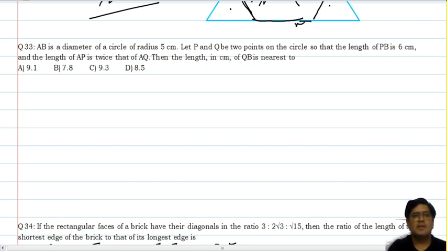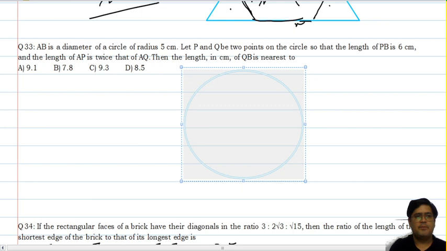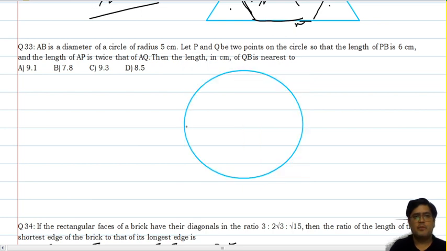So it requires a circle. What is AB? Diameter. AB is the diameter. What are the hints? P and Q are the 2 points on it. PB is 6 and AP is twice of AQ. Alright.